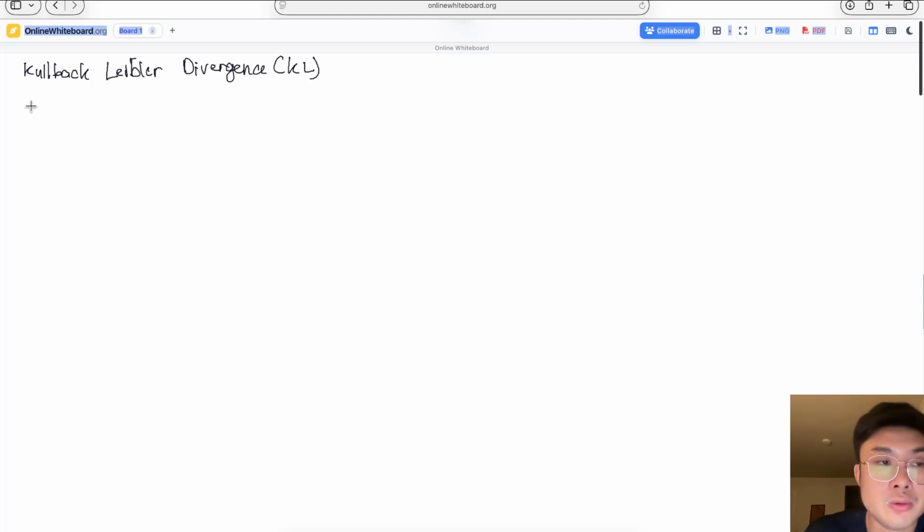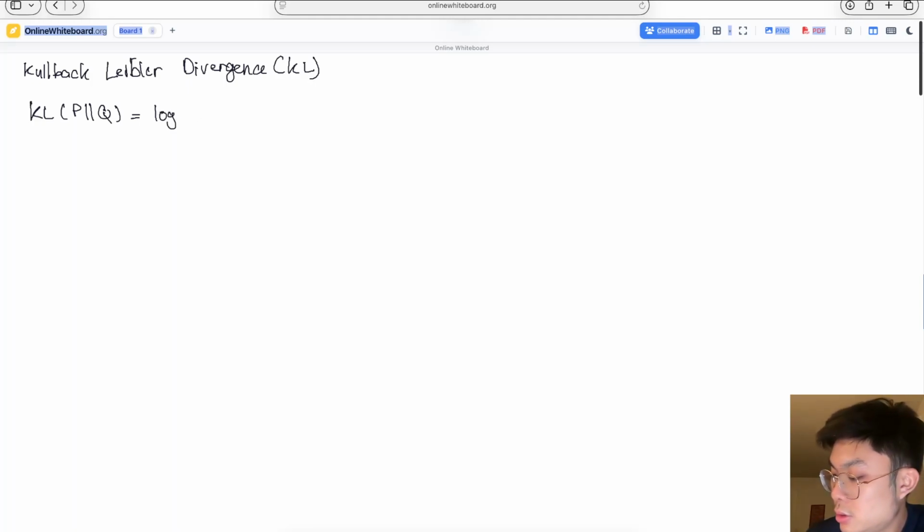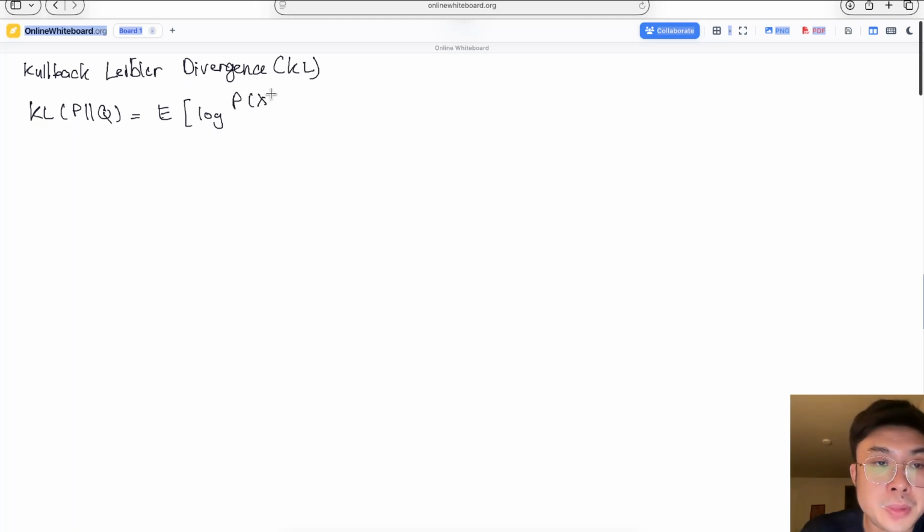Suppose we have two probability distributions P and Q. Then the KL between P and Q would be the expectation of the log of p(x) over q(x).